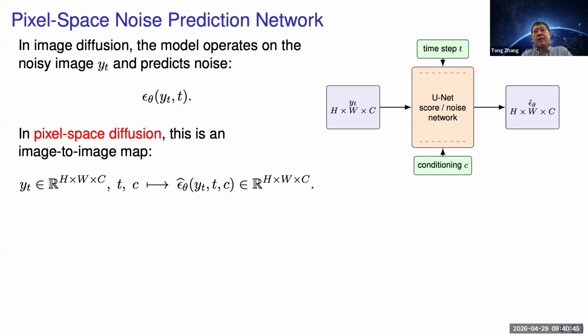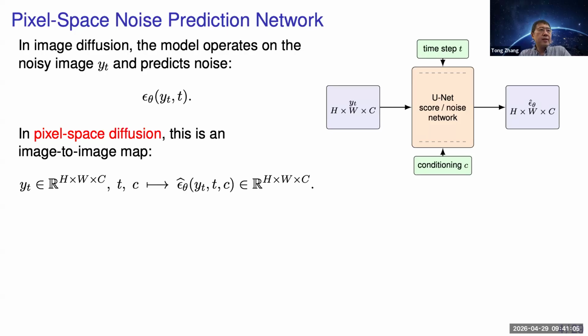One condition is certainly the time step conditioning, which is always there. You also have the conditioning c, which is a text prompt conditioning, or some other condition like a class label. These 2 conditionings may not be implemented the same way, as we will see.